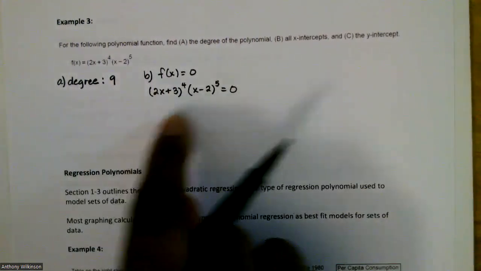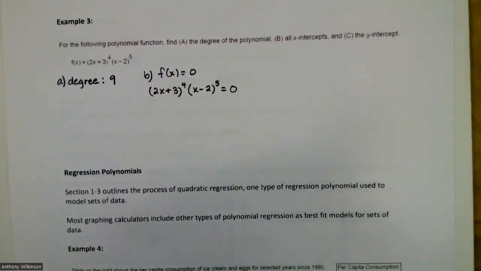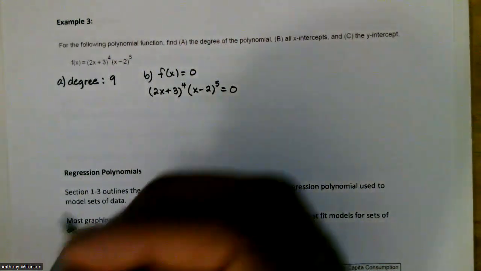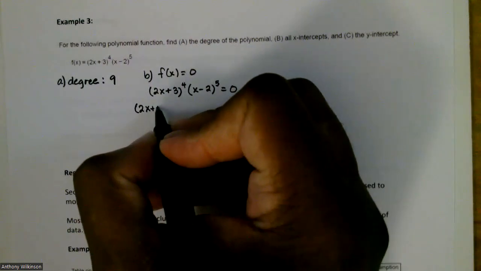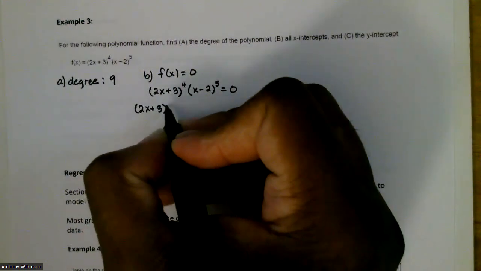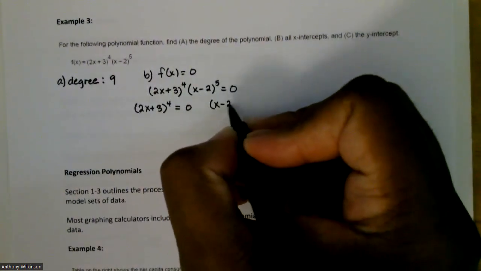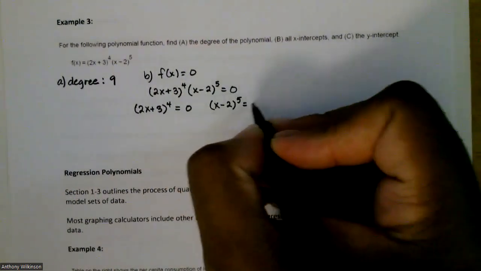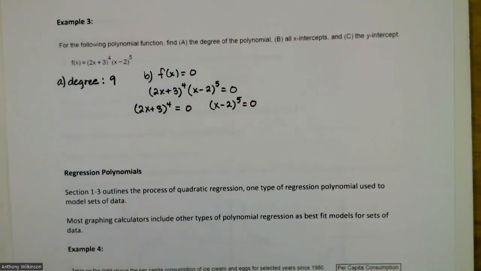So in this case, I set each binomial factor equal to 0 because, of course, it's already factored completely. So that means I have 2x plus 3, the quantity raised to the 4th equal to 0, and x minus 2, that quantity raised to the 5th equal to 0. Now I'm going to solve for x.